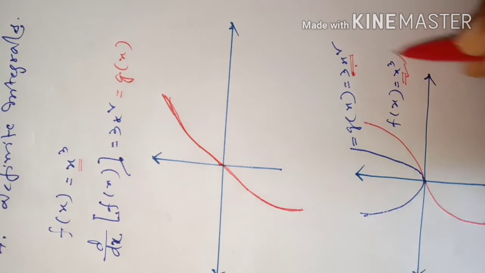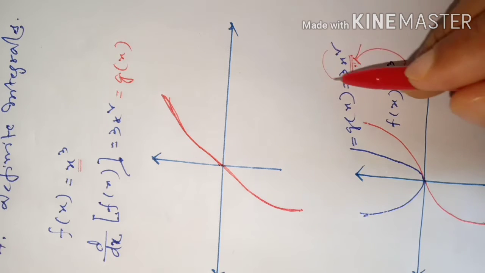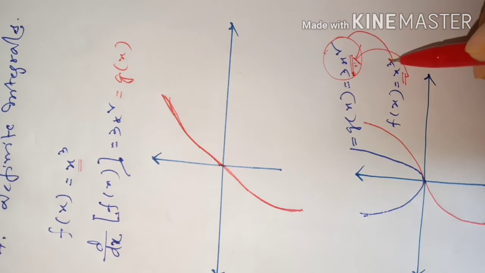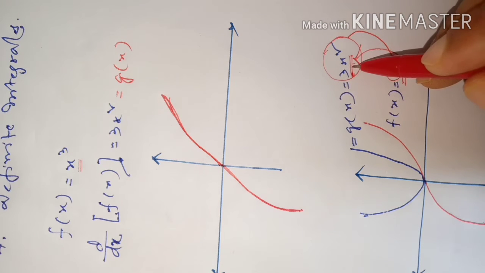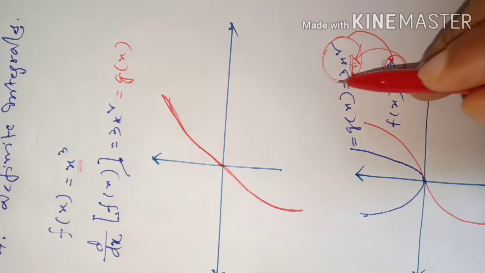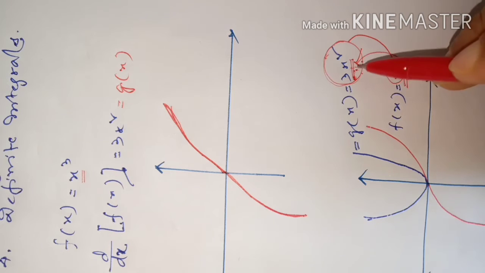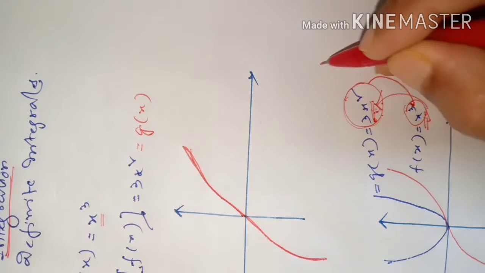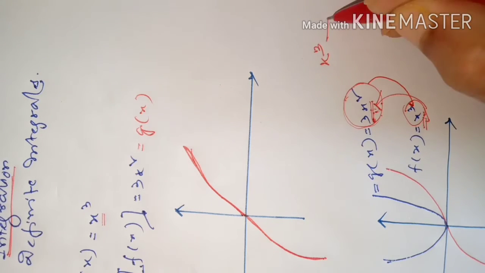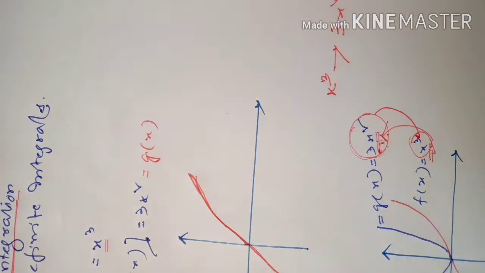The derivative of x cube is 3x square, and the integral of 3x square is x cube. That means if we integrate, if we try to find its primitive, it came from x cube originally, and after taking its derivative it gave us 3x square. So we can say x cube is the primitive.